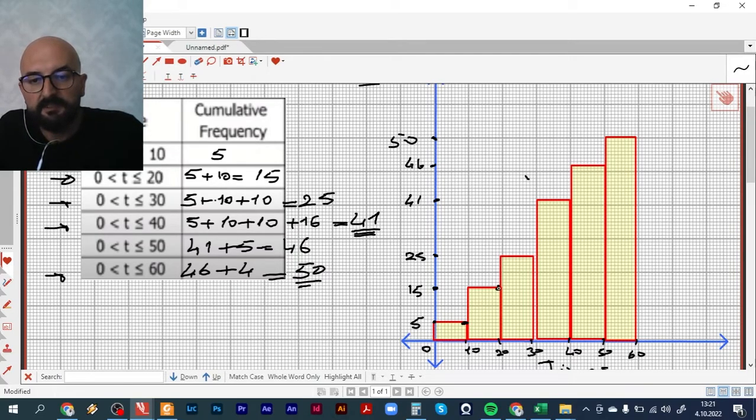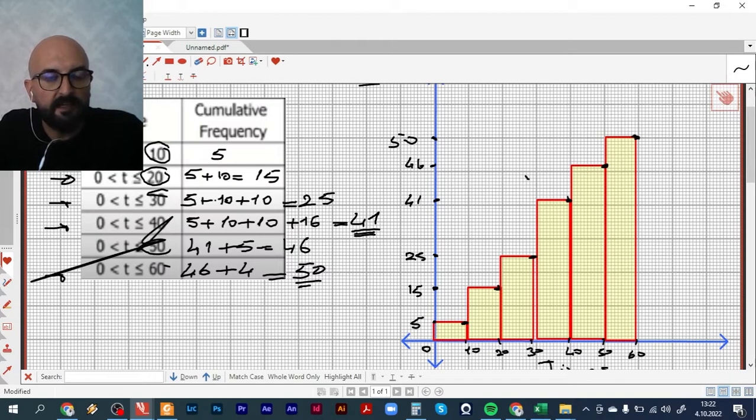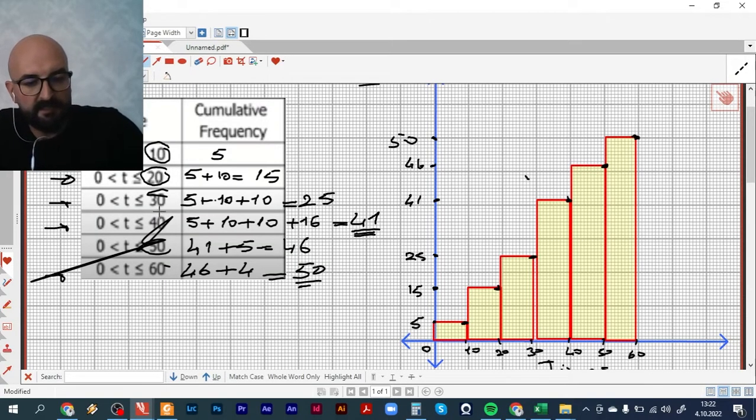The second upper boundary, the third upper boundary, and the fifth, sixth, and seventh. So your upper boundaries are 10, 20, 30, 40, 50, and 60.